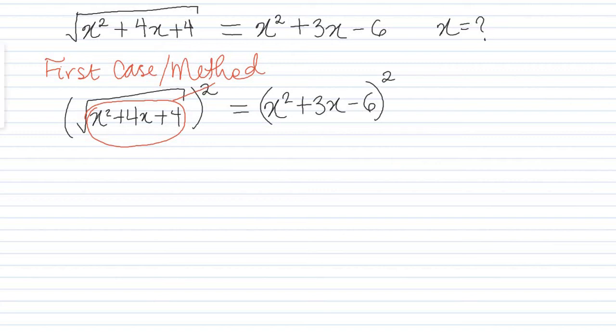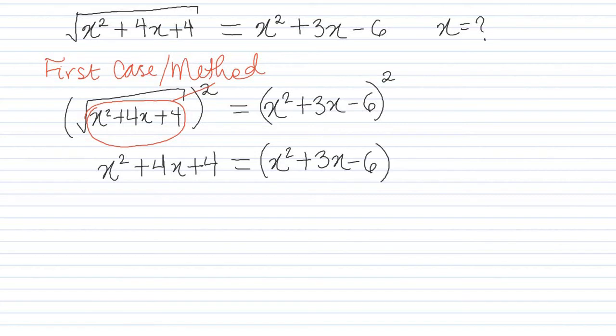What you end up having is x squared plus 4x plus 4, and then what you have is x squared plus 3x minus 6 multiplied by x squared plus 3x minus 6.